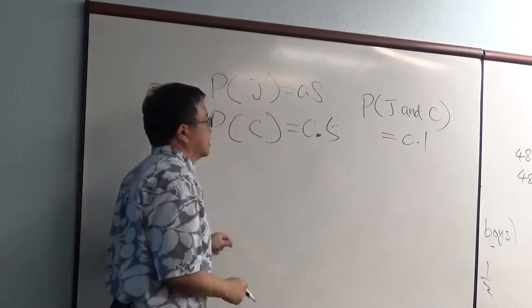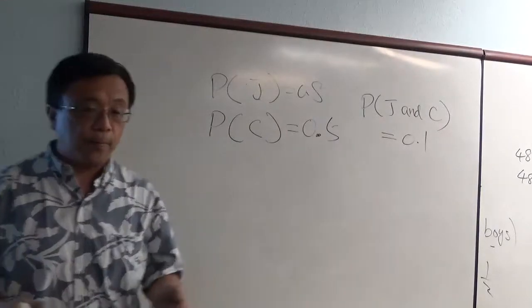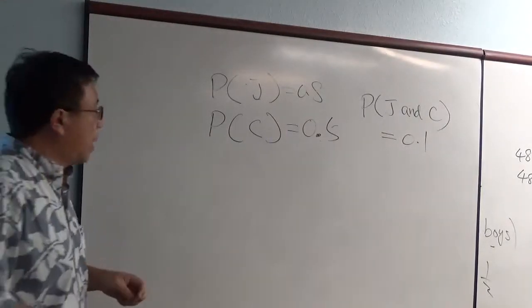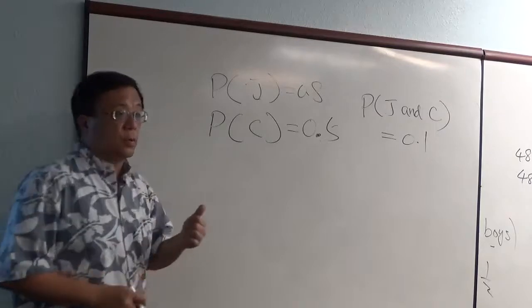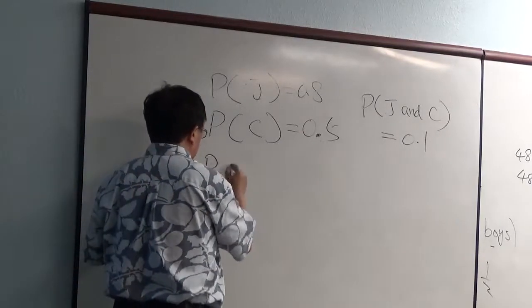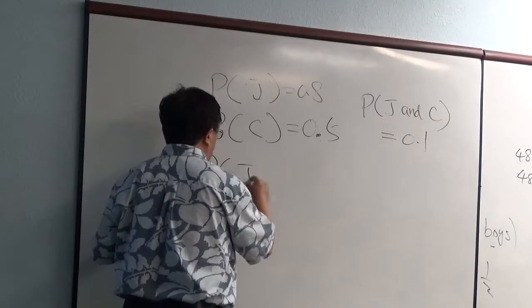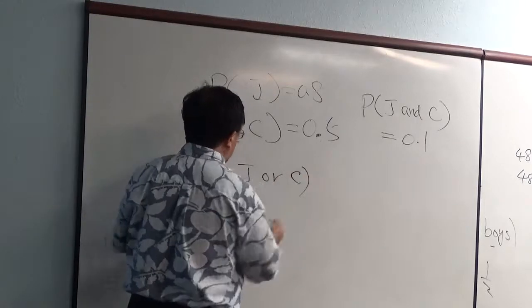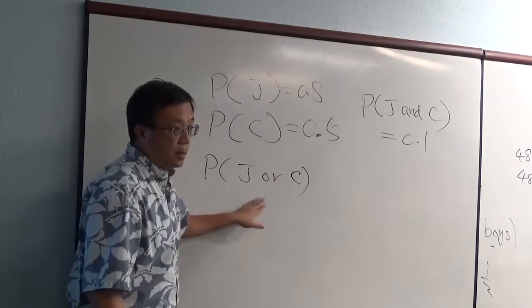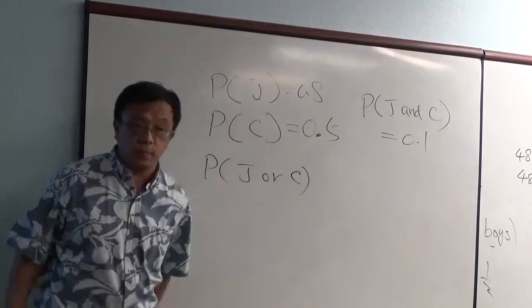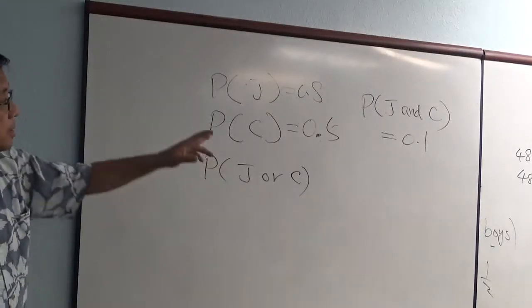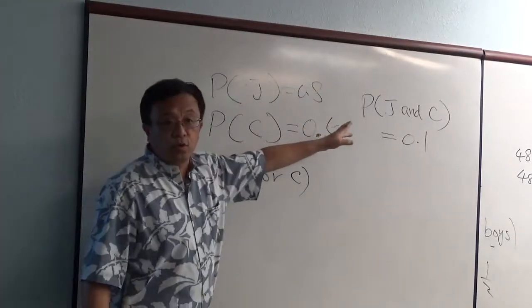Okay. So now the question is, what's the probability you will go to Japan or China? How to read this? Is it Japan or China or both, right? You can go to both countries. In this case, are the two events mutually exclusive?